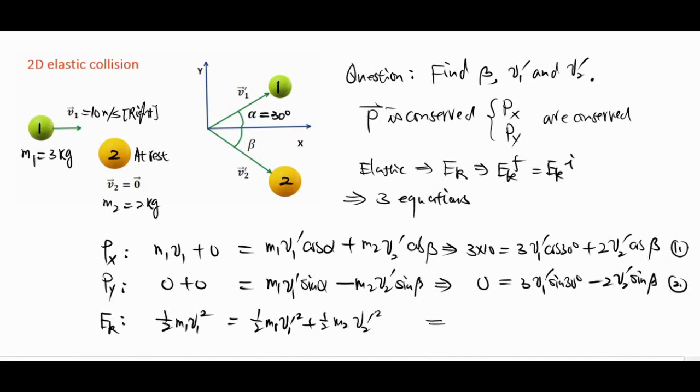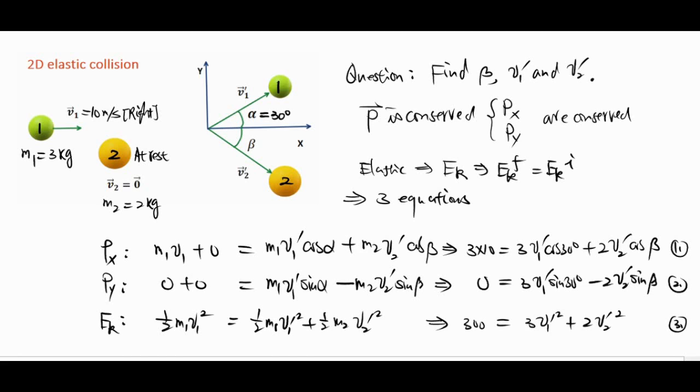Let's multiply both sides by 2, get rid of the denominator 2, and plug in numbers. So the left side is 3 times 10 squared, so it's 300, equal to 3 V1 prime squared plus 2 V2 prime squared. This is equation 3.